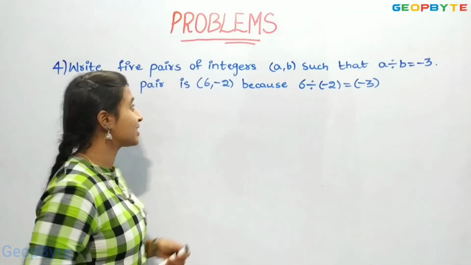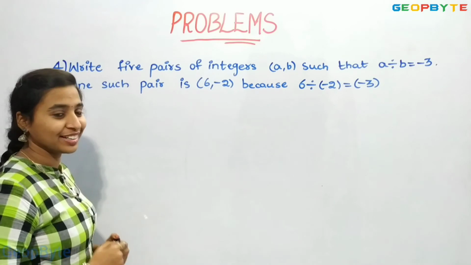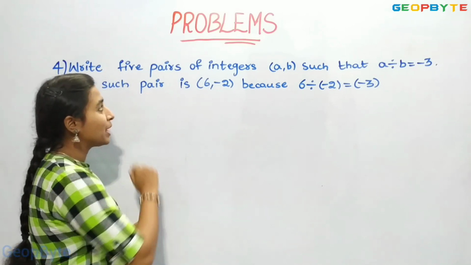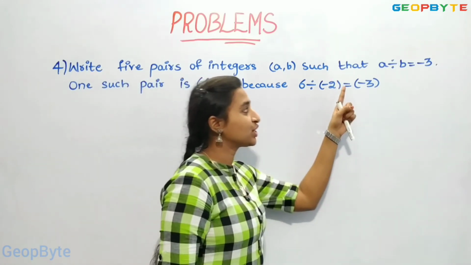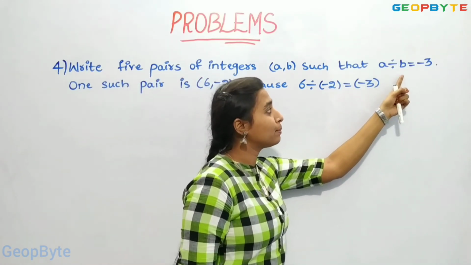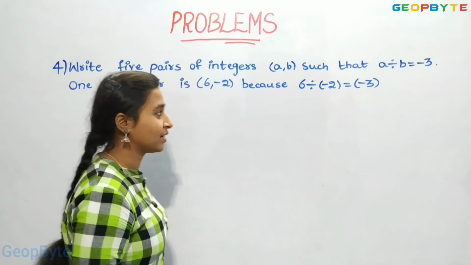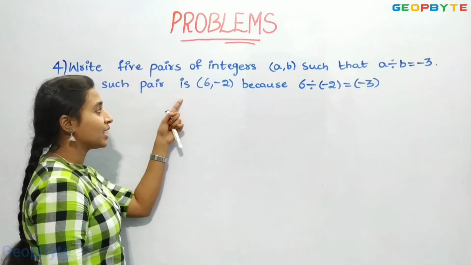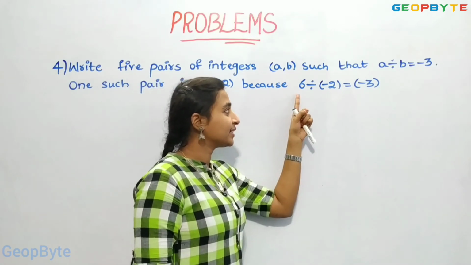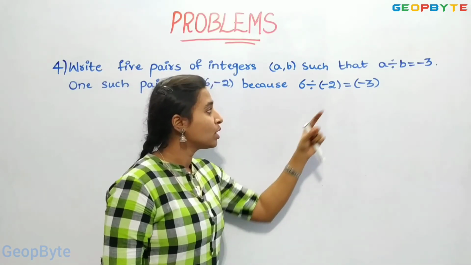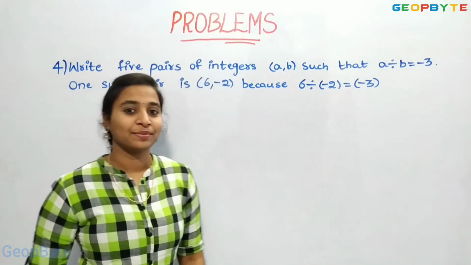Now let us see the fourth question. Write 5 pairs of integers a comma b such that a divided by b is equal to minus 3. One such pair is 6 comma minus 2 because 6 divided by minus 2 is equal to minus 3.